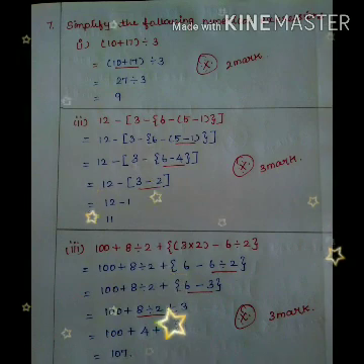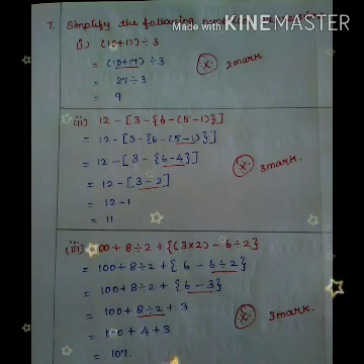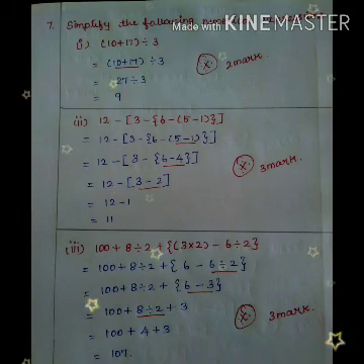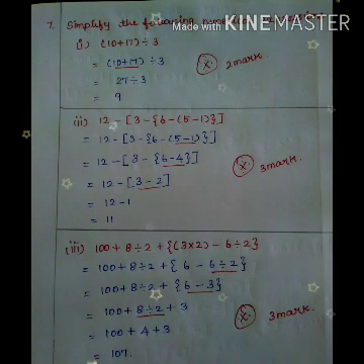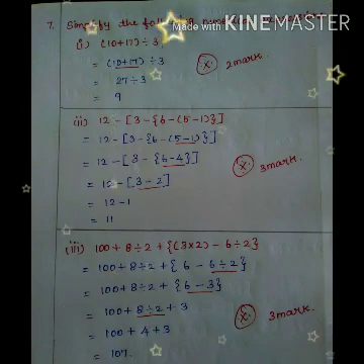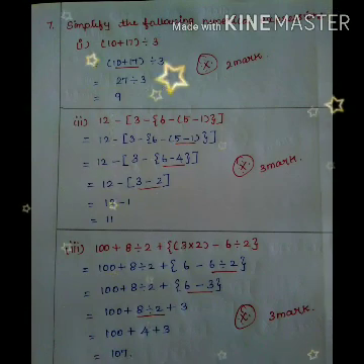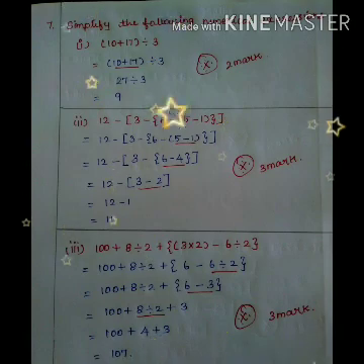First question: bracket 10 plus 17 close bracket divided by 3. Here, as I already said about order of operations, first what do we want to do? Division, multiplication, addition, and then last only subtraction.